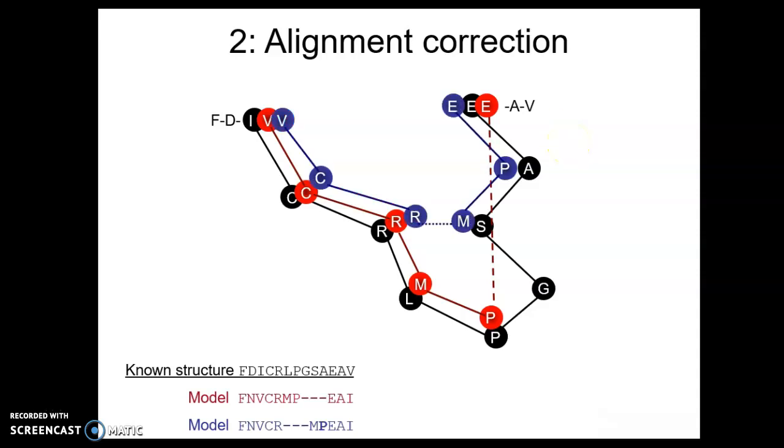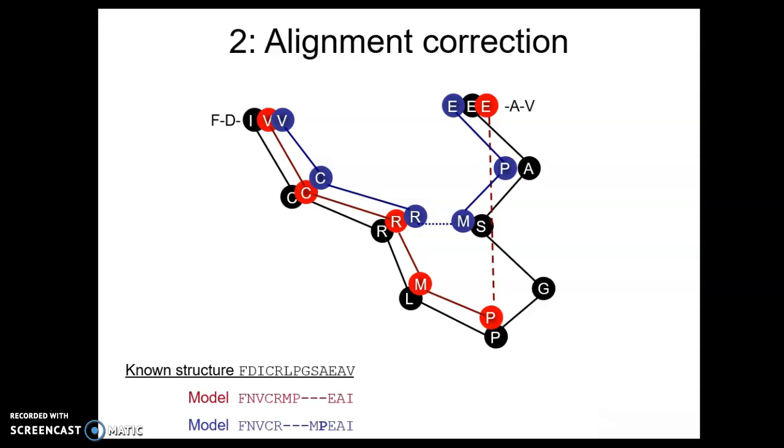In the third structure, which is given in blue, you find the gaps are the least. So this is what you're actually doing in the alignment correction method. You are aligning different models and choosing the one where the gaps are less, because gaps are equivalent to large holes in the protein structure.